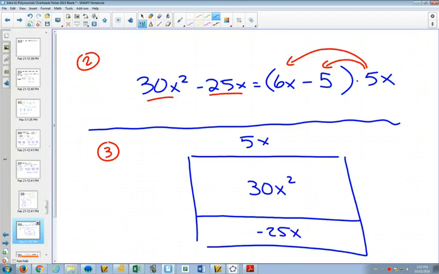Because that still shows me an area of 30x squared minus 25x. What has to be in this first part to get the 30x squared area? 6. It's got to be 6 and an x. And what has to be here to get a minus 25x? Negative 5. So we get our answer is 6x minus 5 that way as well.